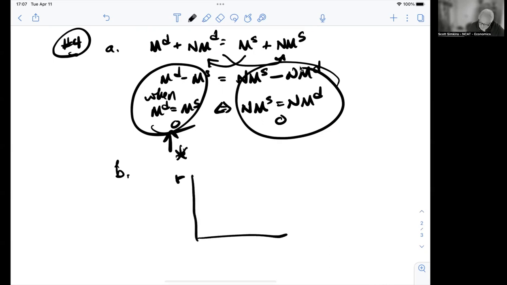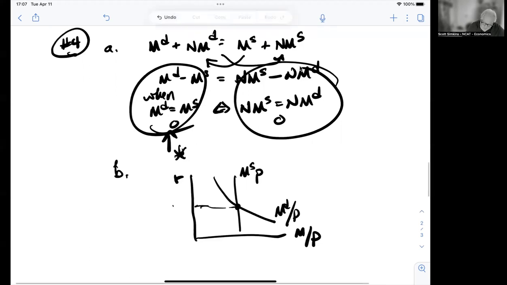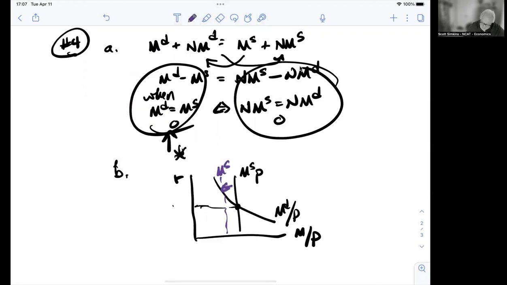So if we were drawing that in terms of a graph, we'd have the real money supply. We have real money demand. And for a given level of real money demand, the Federal Reserve can, for example, reduce the money supply for a given price level.